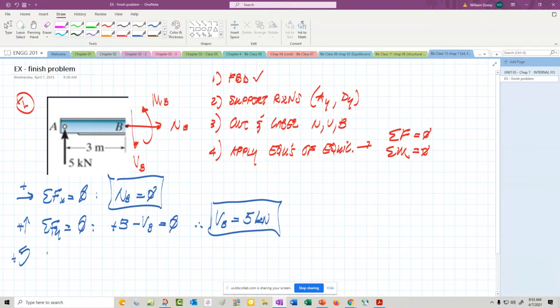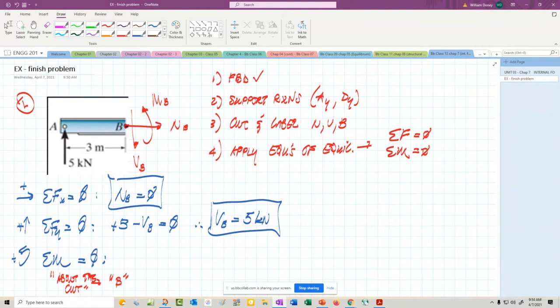All right, sum moments equal to 0. Here's the important step that I didn't include yet. When we sum moments of a section, it's going to be about the cut. So we're going to sum moments about point B. Why do we do that?